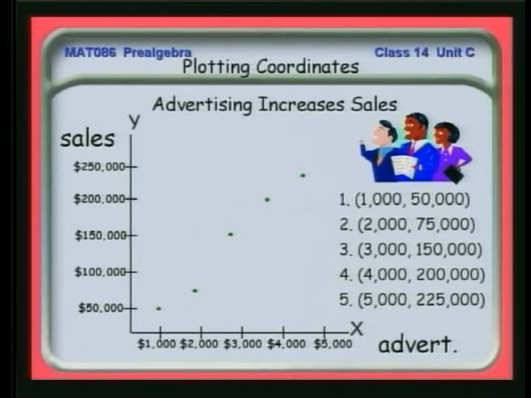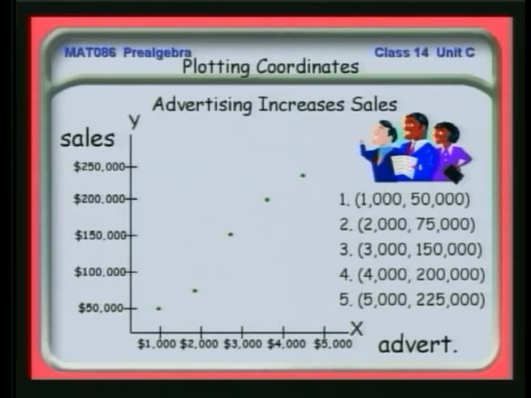Then I would make $50,000 in sales, and I plot a point at that intersection so that 1,000 is my x-coordinate and 50,000 is my y-coordinate. And I continue to do this. If I spend $2,000 on advertising, I make $75,000. Notice how I plotted that. It's somewhere halfway between 50 and 100, but I don't have the grid fine enough.